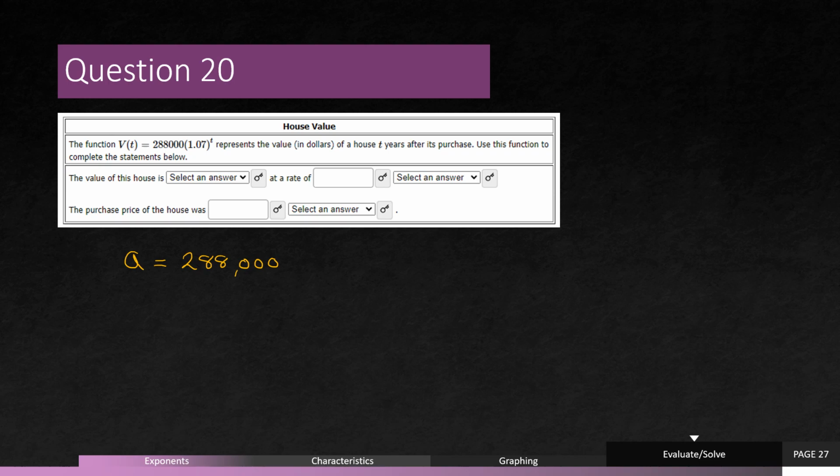And it is growing. This is a growth because look at our b, it is equal to 1.07. So that tells me the value is increasing.